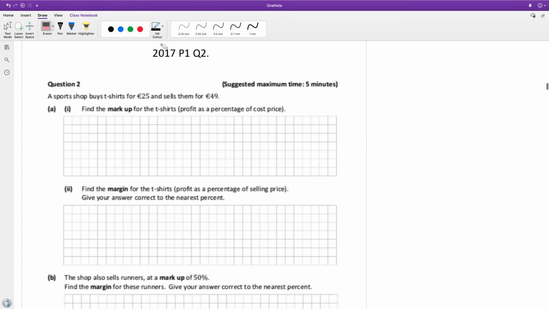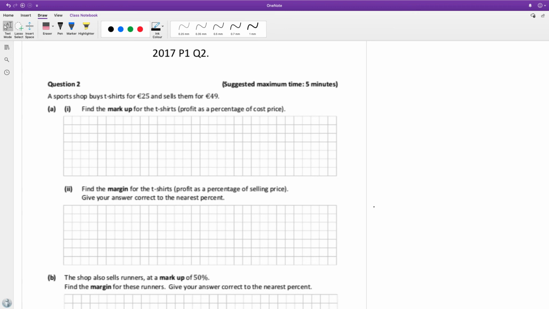Right, 2017, paper 1, question 2. You reckon the markup is?